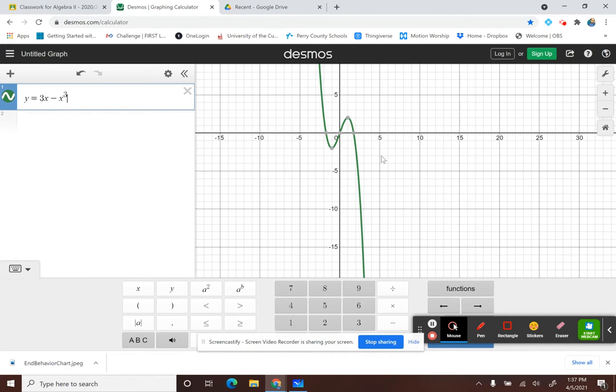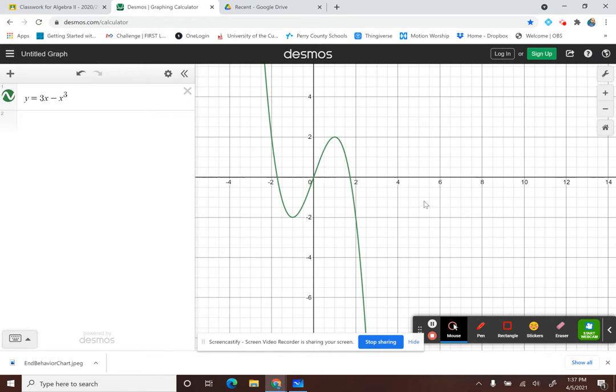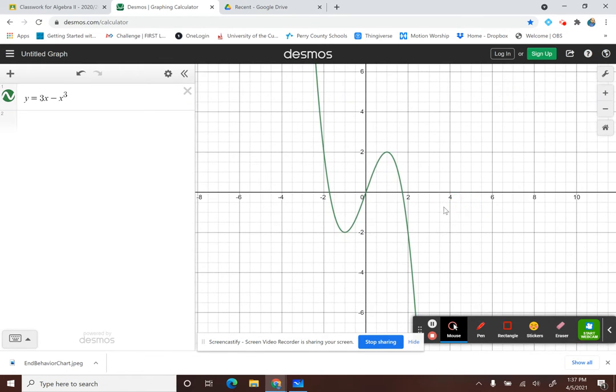All right, so now let's look at this graph, and I'm going to zoom in tight so that you can see. Again, we're looking at two things: end behavior, and how many turns this graph has. End behavior, maybe not something real exciting, but you can see on the left-hand side I'm pointing up, and the right-hand side is pointing down.